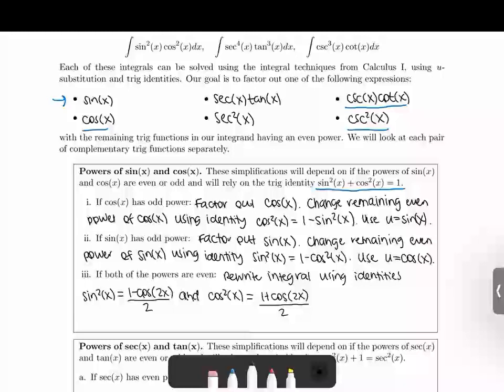So in the case where both of our trig function powers are even, we have to use these other identities that let us get rid of that even power and change everything to cosine.